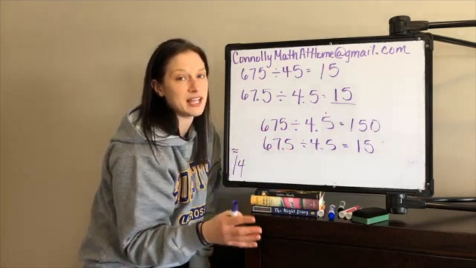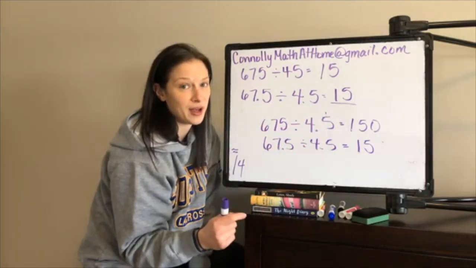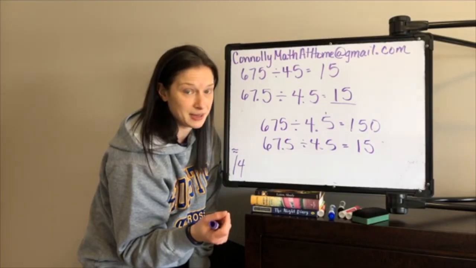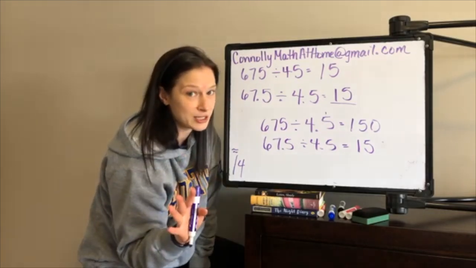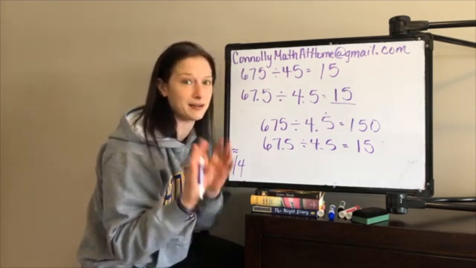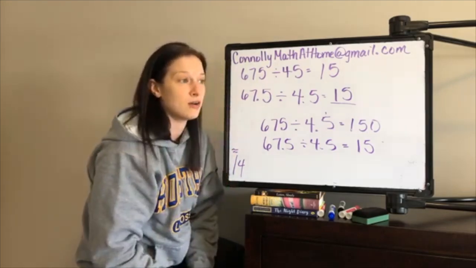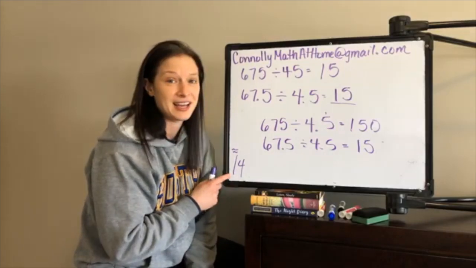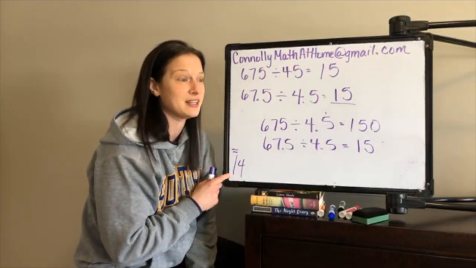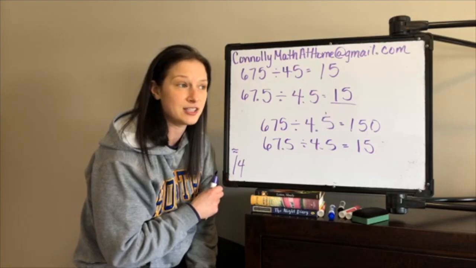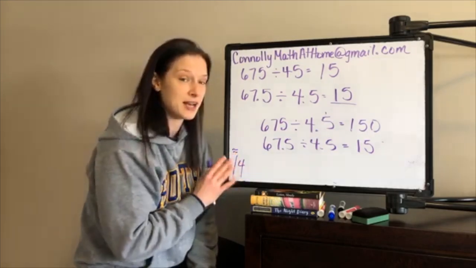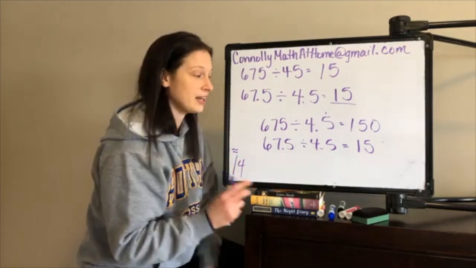We end up with the same quotient, okay? Now, this is going to be a lot to keep track of, especially when we get to the third example today, because one thing's going to get 100 times smaller, the other's going to get 10 times smaller, and it's like, oh, what do I do? So, what's important for you to remember is that your estimate is going to help you a ton. You are going to be thinking about what is a reasonable answer in this situation, okay? So, do not skip the estimating part, all right?